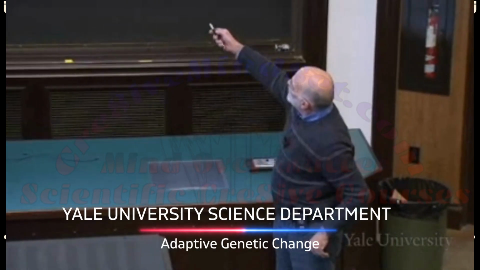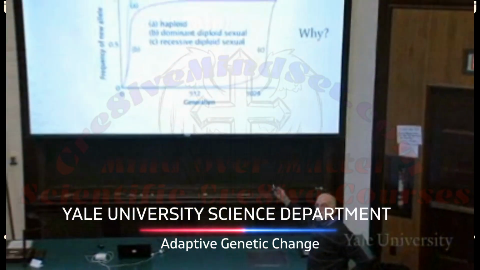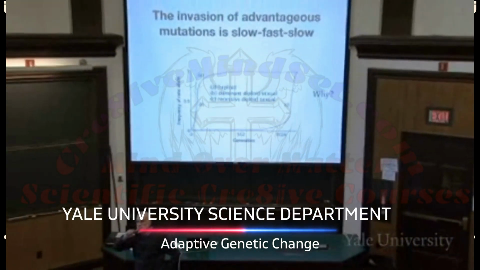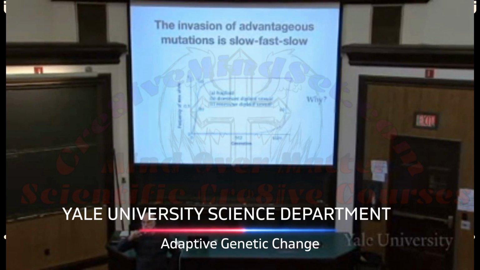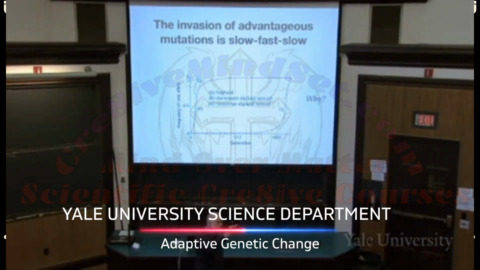Okay? So the haploids are faster than a dominant diploid because you still get an organism that is exposed to recessive genes. Basically, yes. The heterozygotes react like the dominant, but contain the recessive.